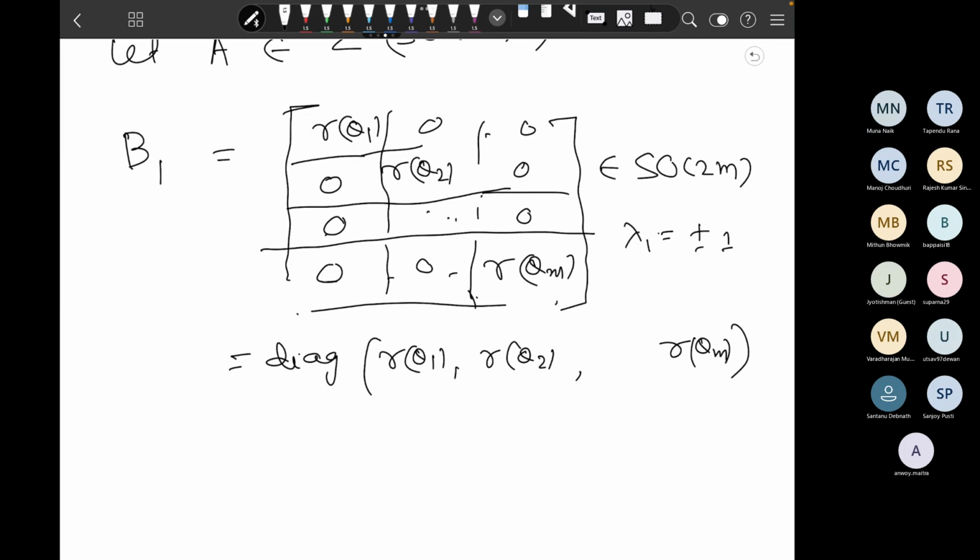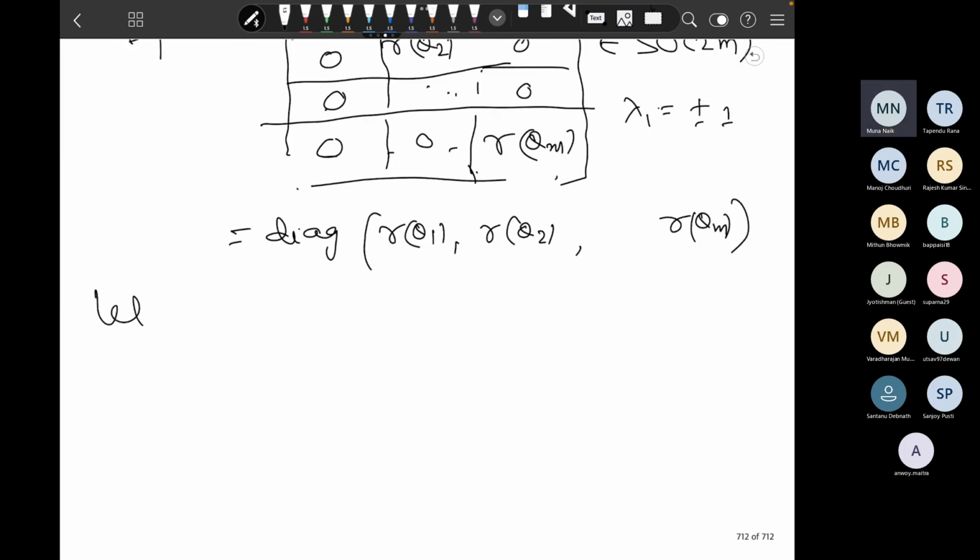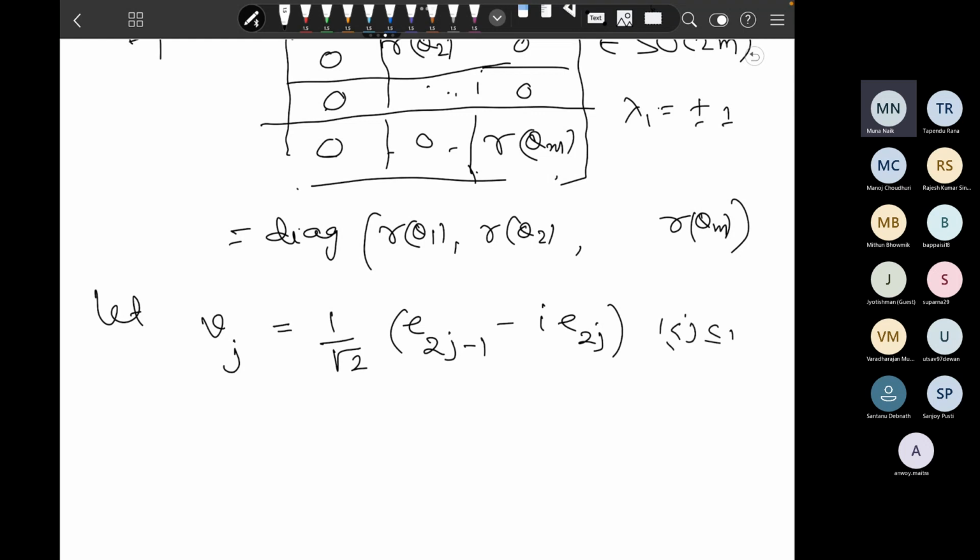Okay. Now let Vj be equal to 1 by root 2 (e to the power 2j minus 1, minus i e to the power 2j), j equal to 1 to m.